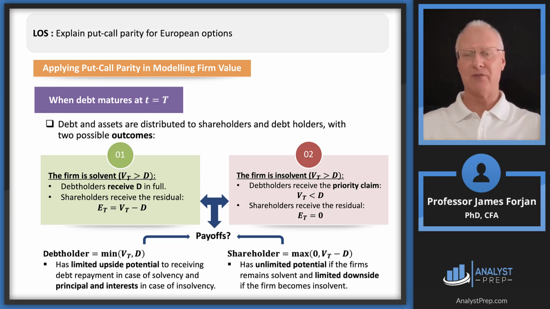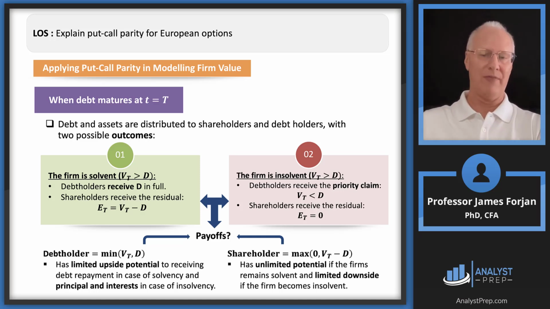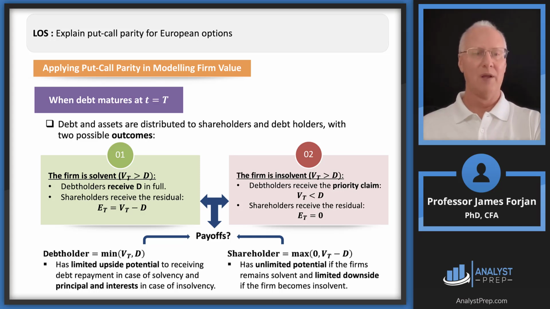If the apple tree has tons and tons of beautiful red Honeycrisp apples, then I'm going to realize all of that. But what happens if the firm becomes insolvent? Well, then I can only lose whatever I have invested, right? Limited downside.